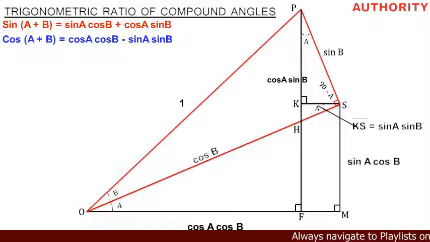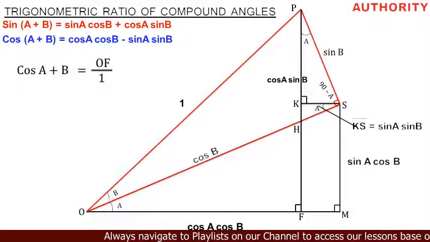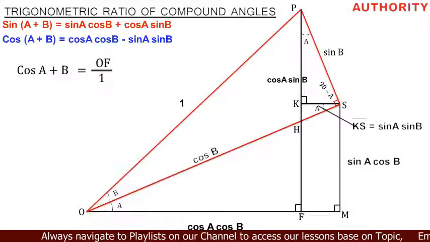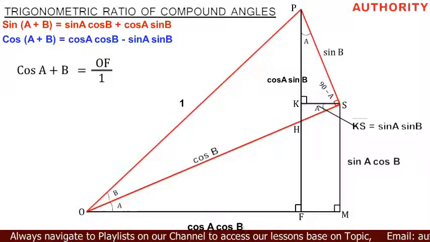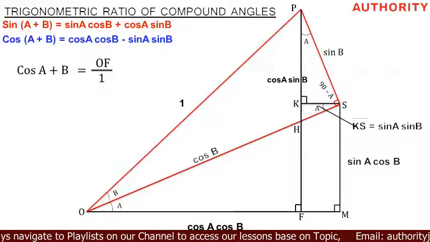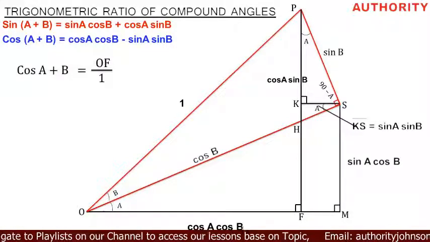For us to find this adjacent, we're going to make use of cos, and our angle is A plus B. So cos A plus B is equal to adjacent OF all over hypotenuse, and our hypotenuse is 1.